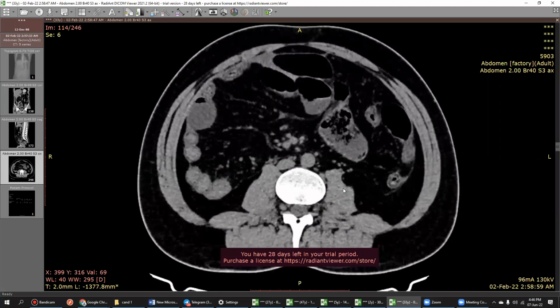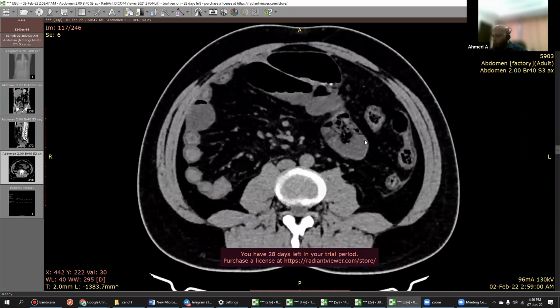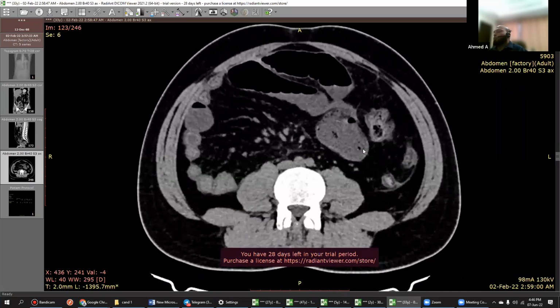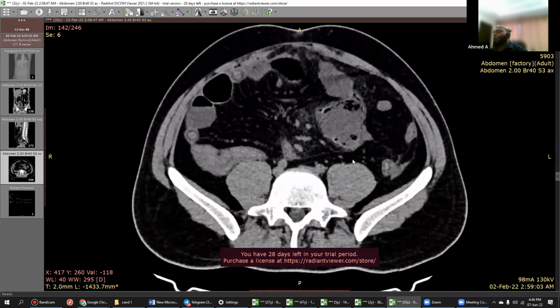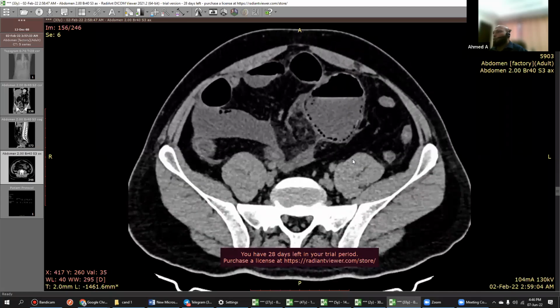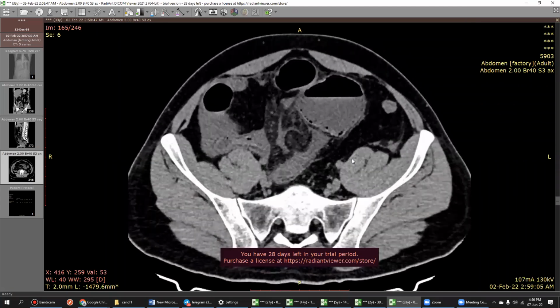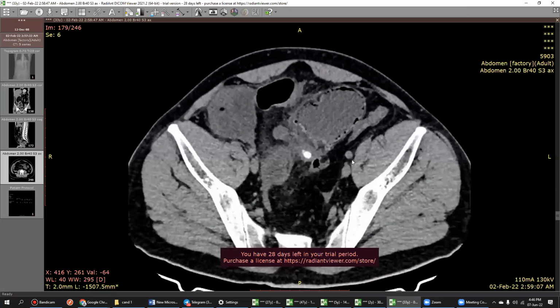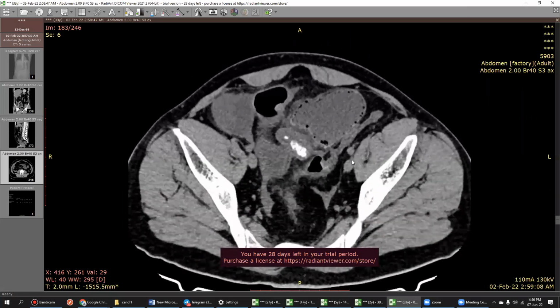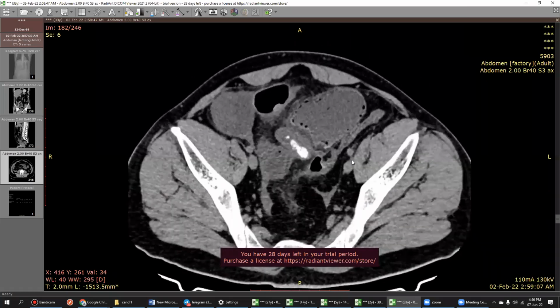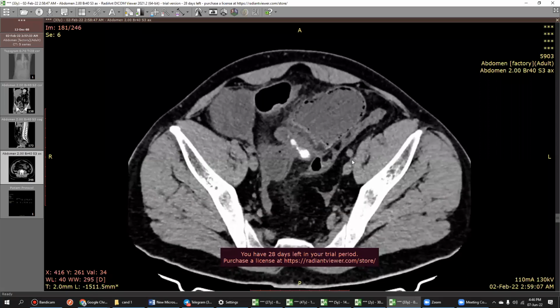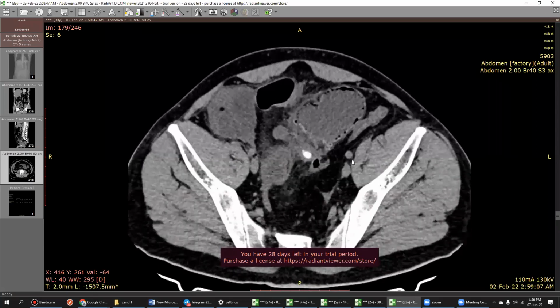Are you sure it's related to the previous contrast? What else would you find if it was a previous contrast? I mean, we would find contrast in the other bowel, which I don't see. But I'm suspicious, can this be a focal area of hemorrhage as well, which is another possibility.